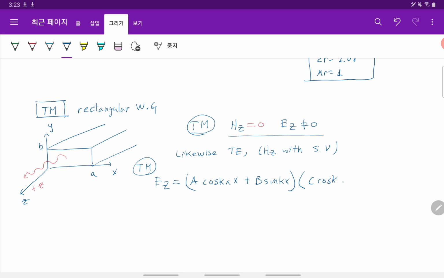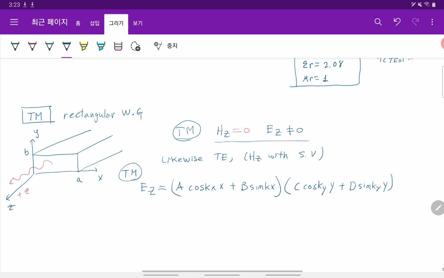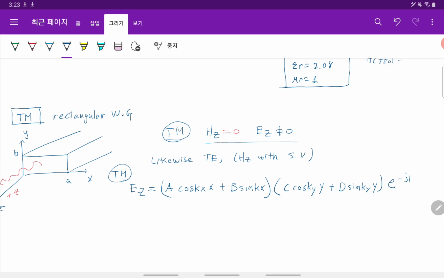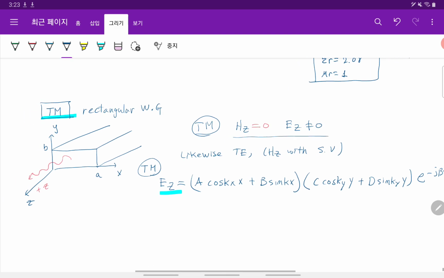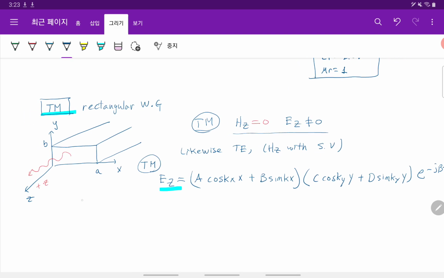So we just use the same partial differential equation so that we will have similar terms, but the only difference is Ez for this TM case. So this is different actually.